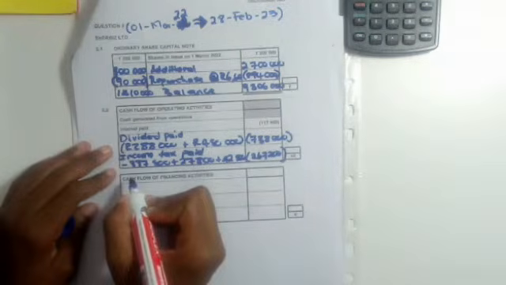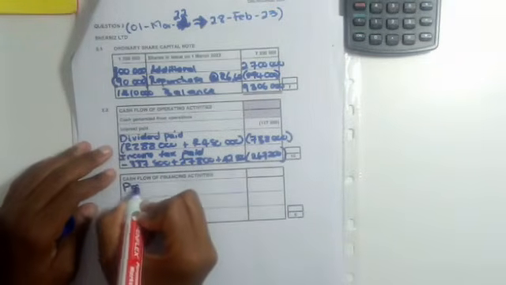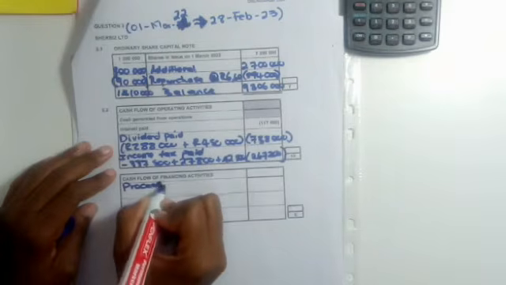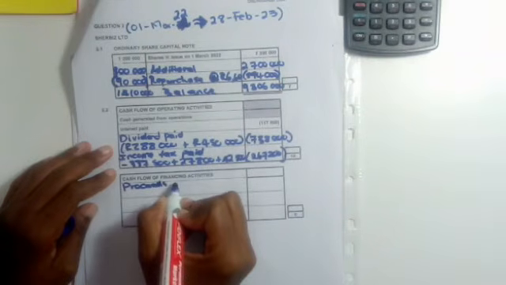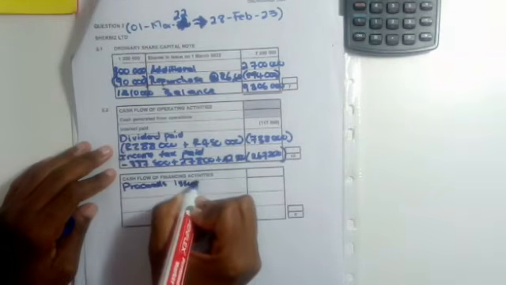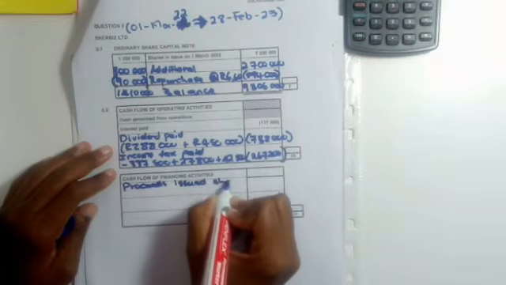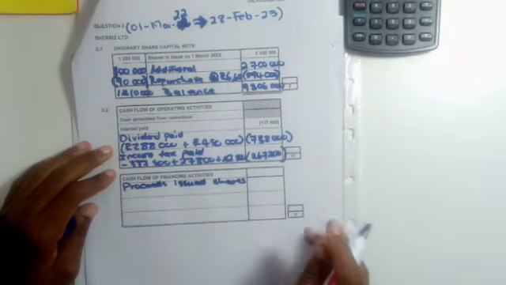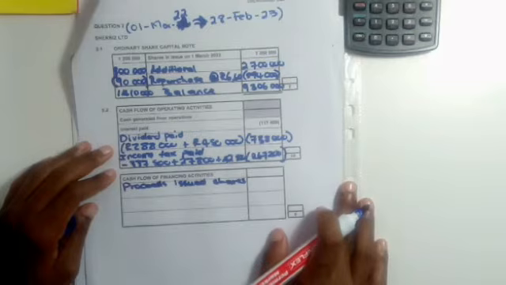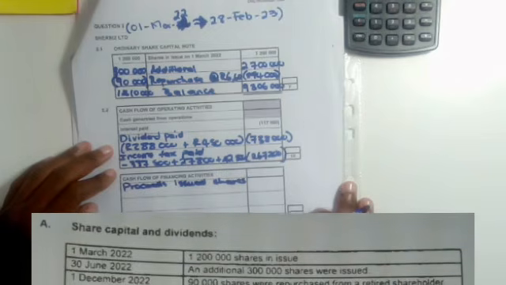Our first line item will be proceeds from issued shares. So our proceeds from issued shares, this is the money that we made from selling shares during the year. So the shares that we sold during this year, only the ones that we sold during this year, and that would be the additional shares.